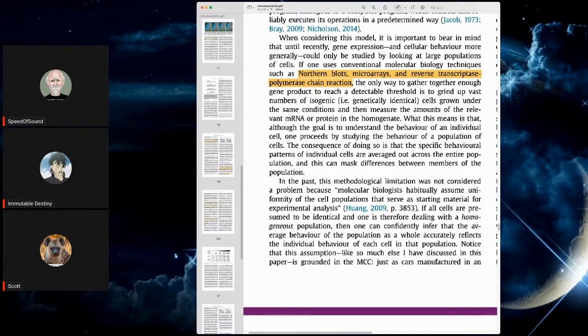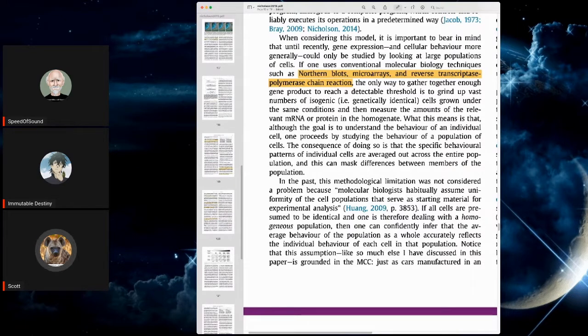Right. Okay. Cool. So if one uses these methods, the only way to gather together enough gene product to reach a detectable threshold is to grind up vast numbers of isogenic or genetically identical cells grown under the same conditions and then measure the amounts of the relevant mRNA or protein in the homogenate.